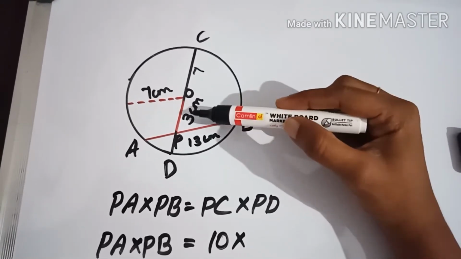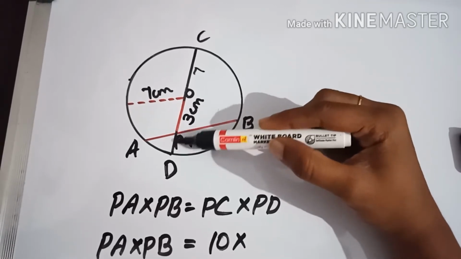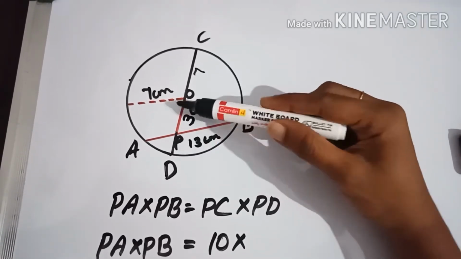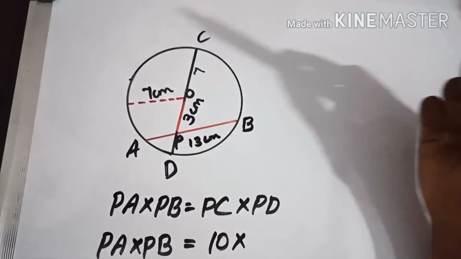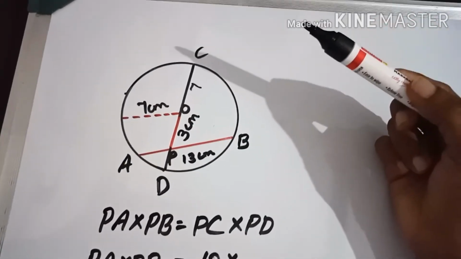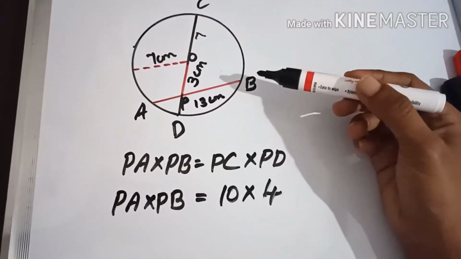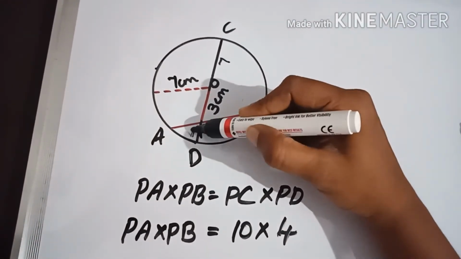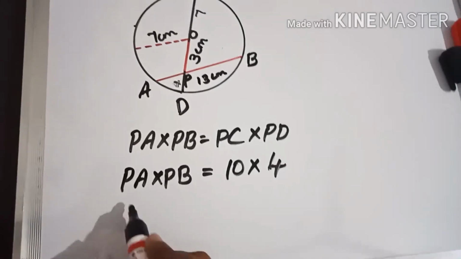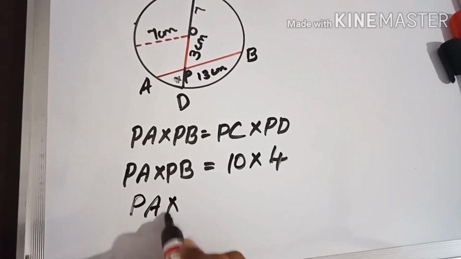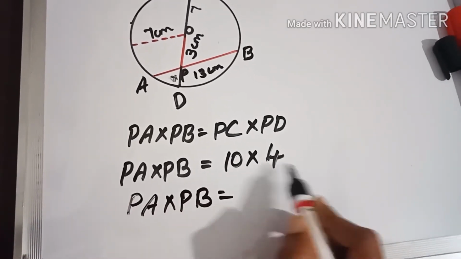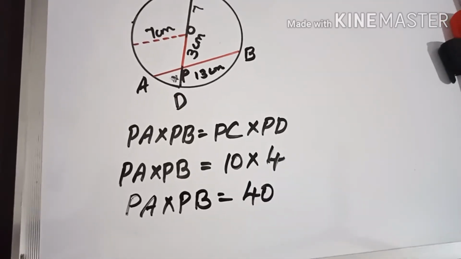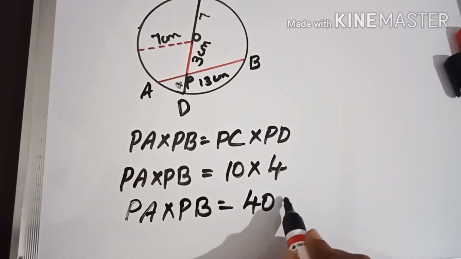So 7 minus 3, that means 4 centimeter will be this portion. It is just a rough figure, so here PD measurement will be 4. So we got PA into PB equal to 10 into 4, that is 40.